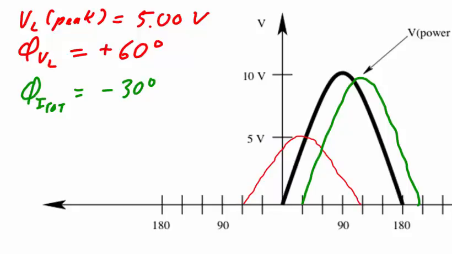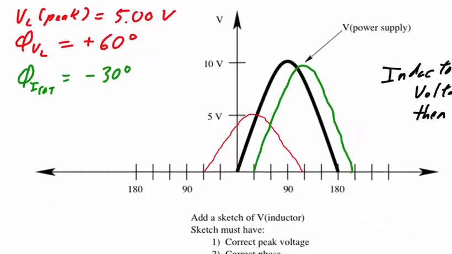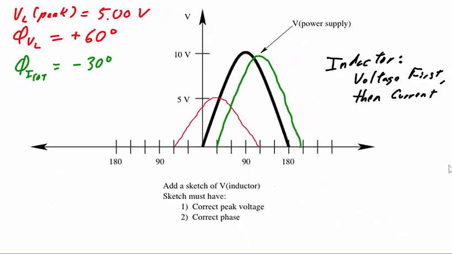Power supply generates some voltage with some phase. Because the circuit is partly inductive and partly resistive, the current is behind the voltage, but not quite by 90 degrees, only by 30. However, looking only at the voltage on the inductor, the voltage of the inductor alone is ahead of its current by 90 degrees, meaning that it is a total of 60 degrees ahead of the power supply. And this completes our analysis of phase.